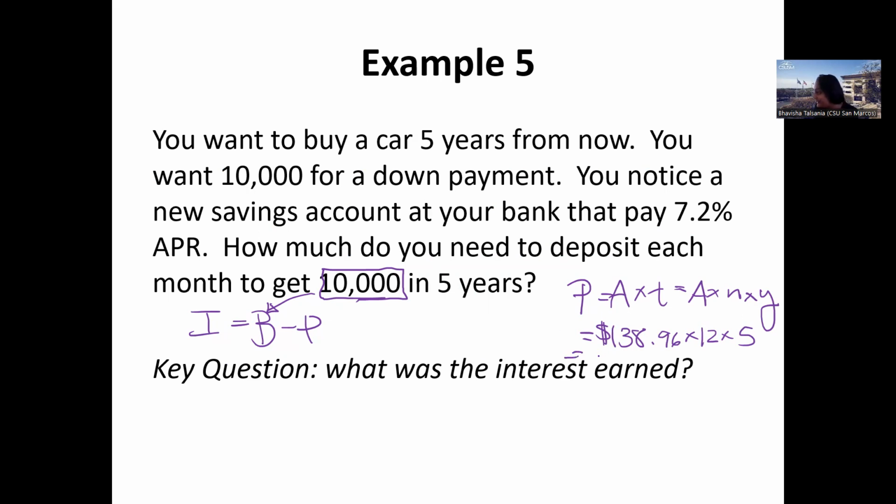And so when I do that, oh, actually I did do it. I get $8,337.60. You want to make sure you put the 0 on at the end, because we're talking about money, and money is 60 cents.